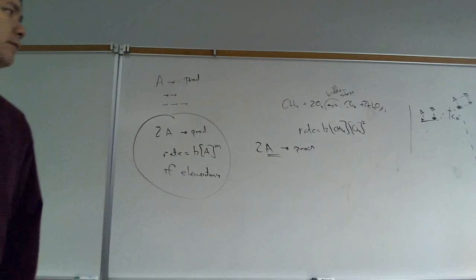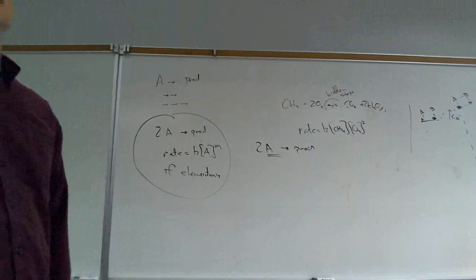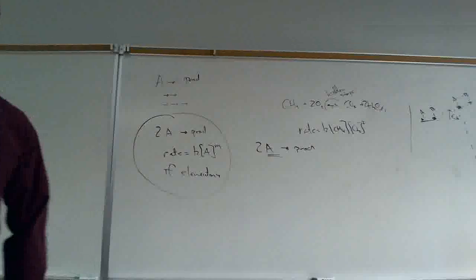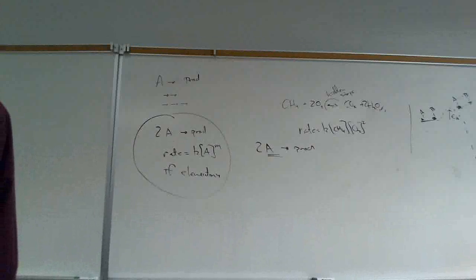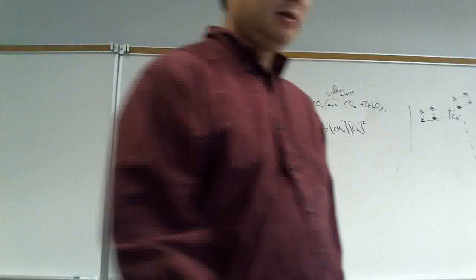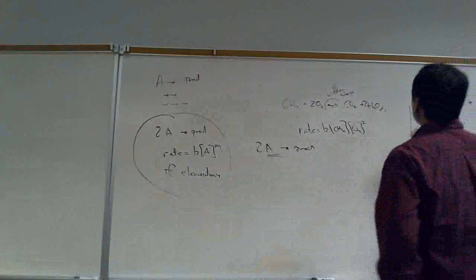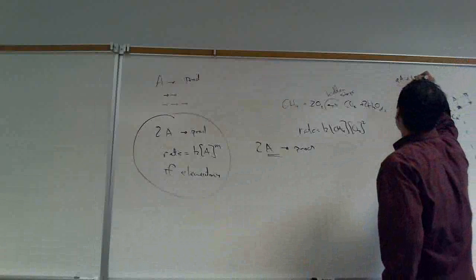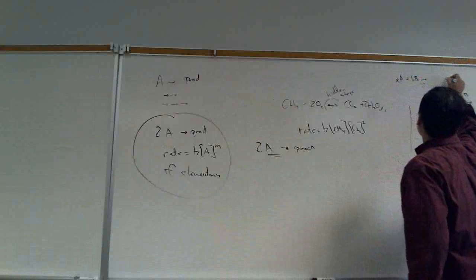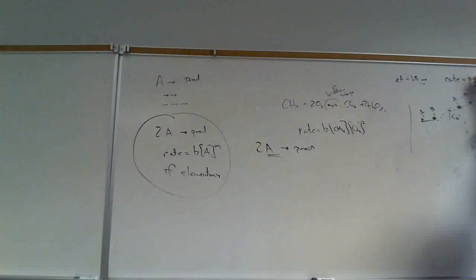So that was the point of this methane stuff, and then subsequent talks. So, this A plus B, the rate is equal to k[A]^m[B]^n, or equal to k[A]^a[B]^b.